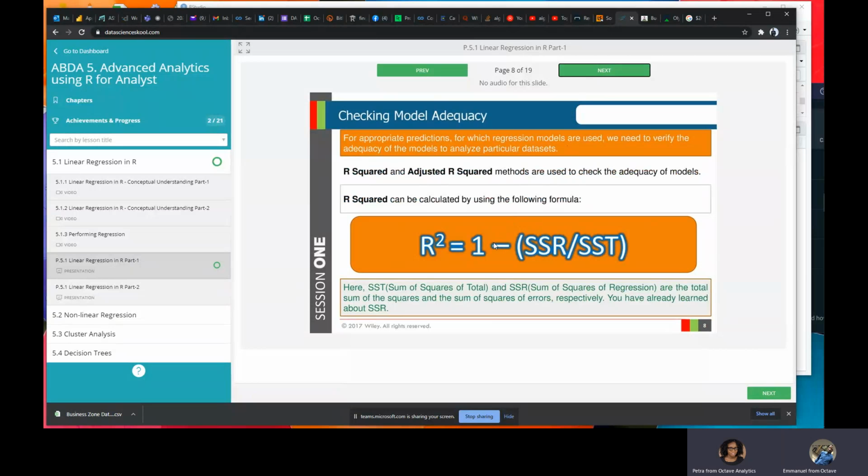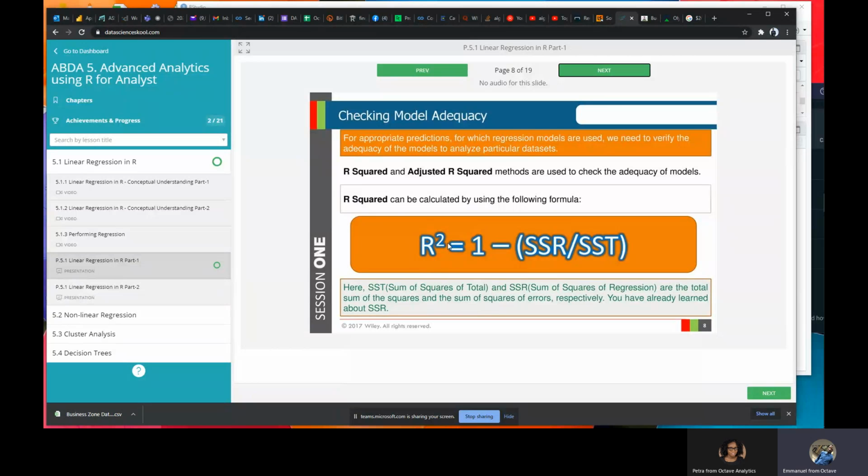We can calculate using this formula. R squared equals 1 minus SSR over SST. So we have what we call sum of square regression over sum of square total.